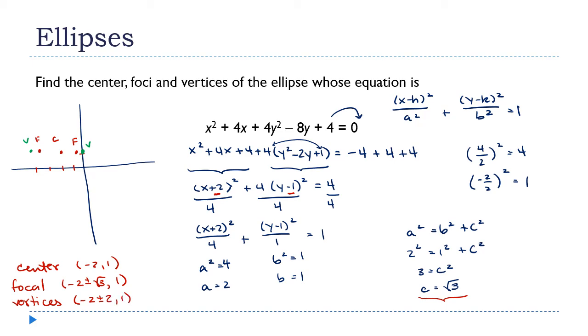And this I can clean up. This is -4, 1 and 0, 1. Now, did I get everything? I got the center, I got the focal points, and I got the vertices. That's the whole story. That's the answer.